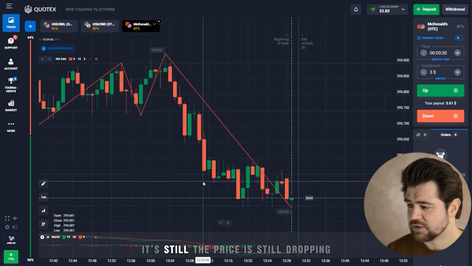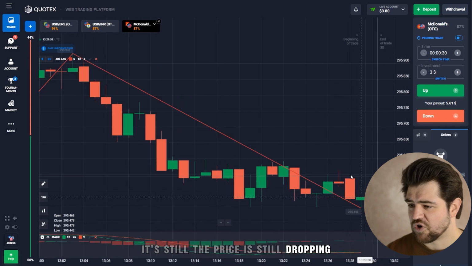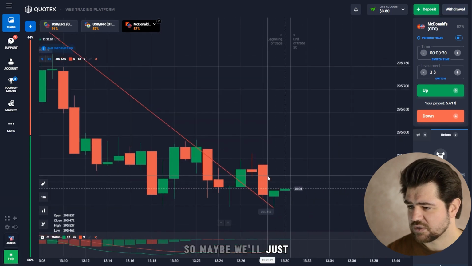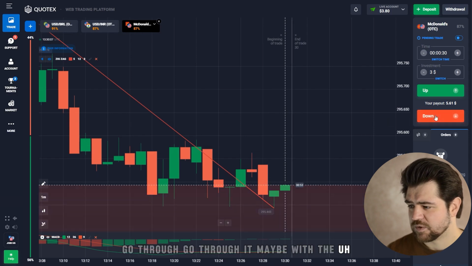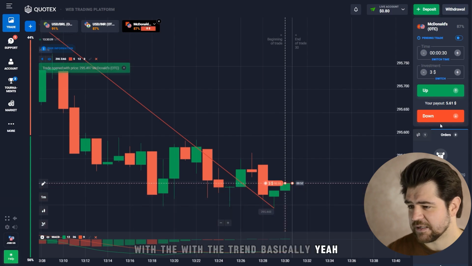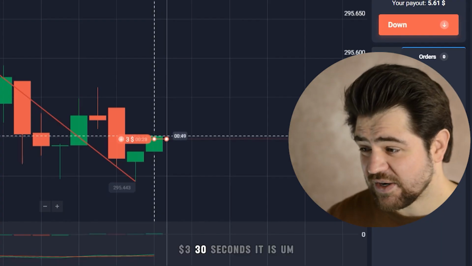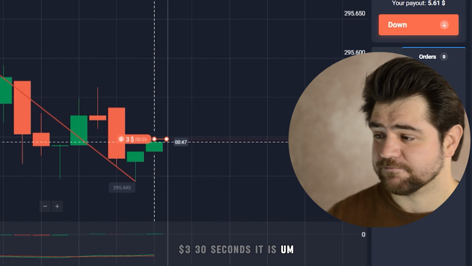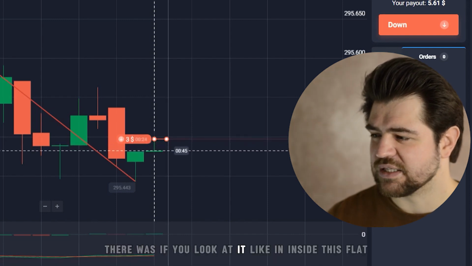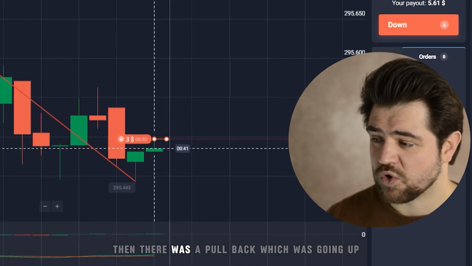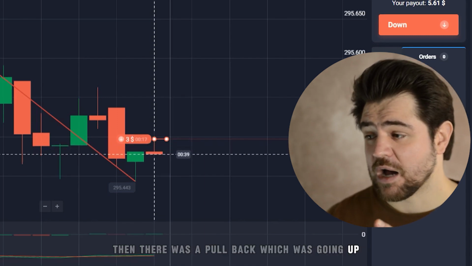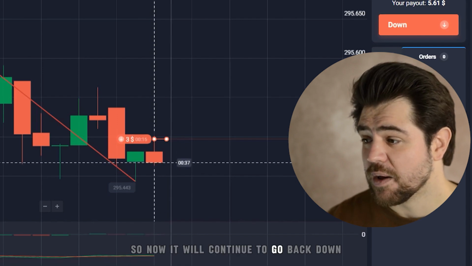The price is still dropping, so maybe we'll just go through it with the trend basically. Yeah, $3, 30 seconds it is. If you look at it inside this flat, there was a pullback which was going up, so now it will continue to go back down.